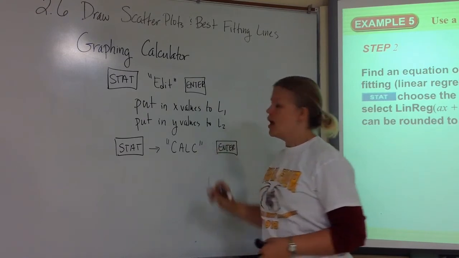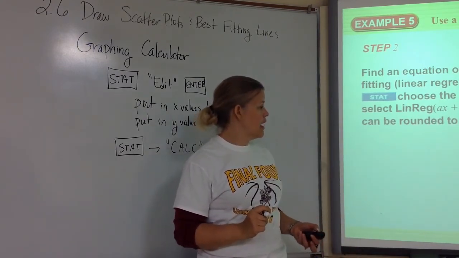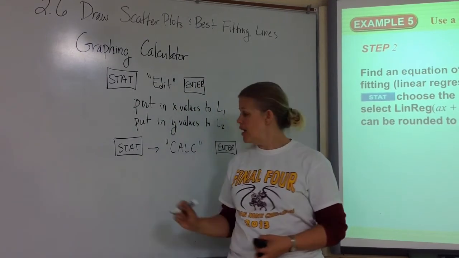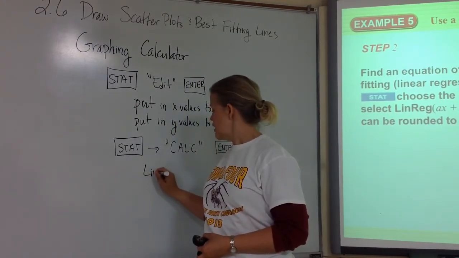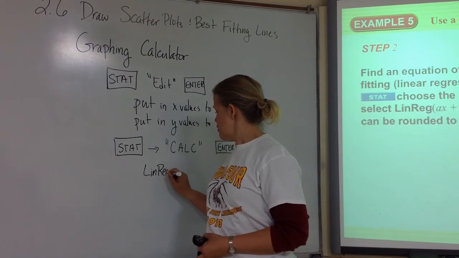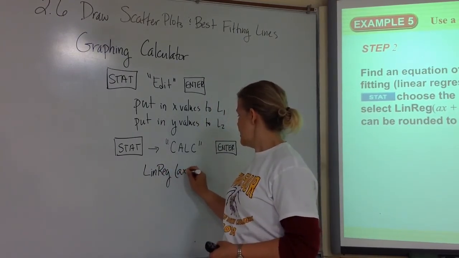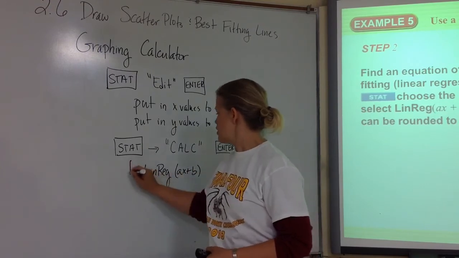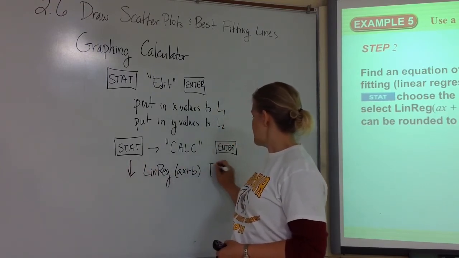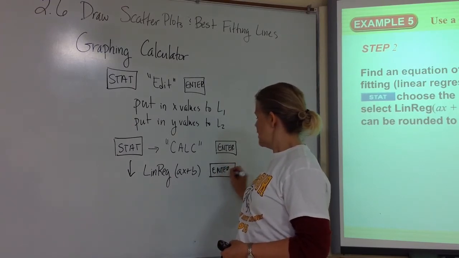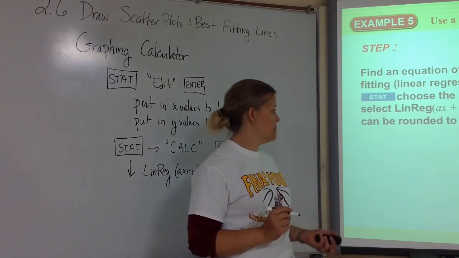Now, when you press enter, you're going to see a whole list of things, okay? And the one we want is called linear regression, and then it has ax plus b. So you're going to scroll down to that one. When you get on it, you press enter, okay?